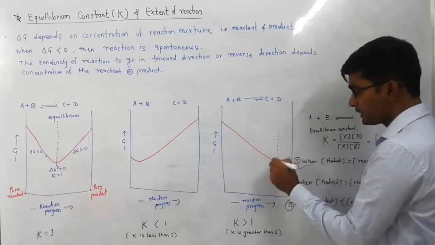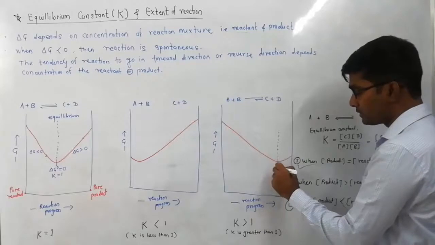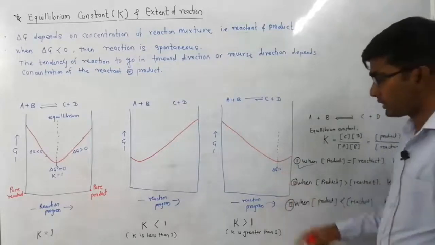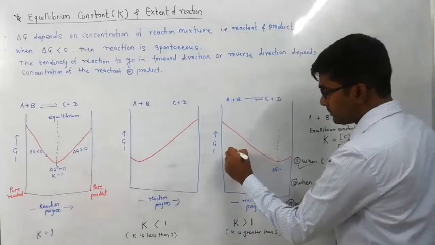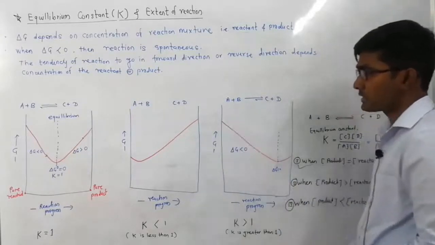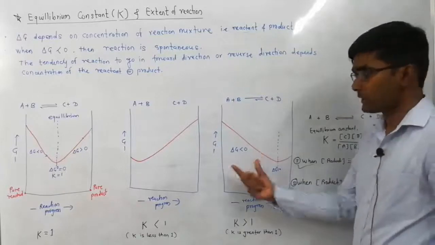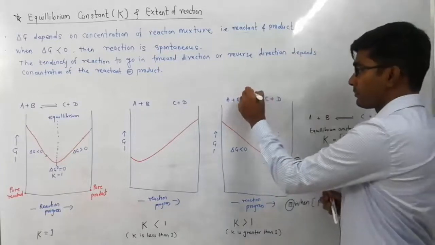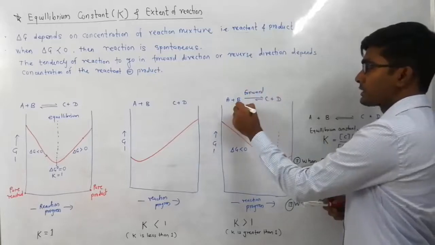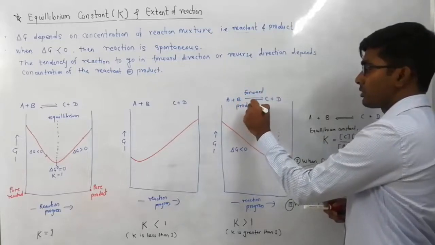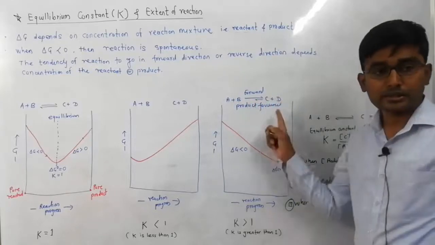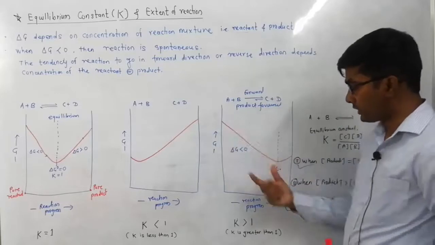Here this point is the equilibrium point, where delta G is equal to 0. Along this free energy is less than 0. So the forward reaction is favored, or we can say the reaction is product favored.